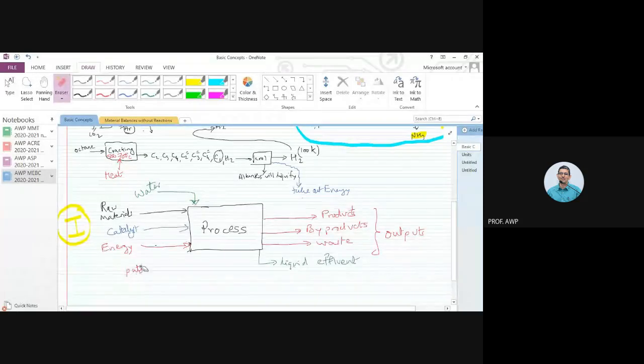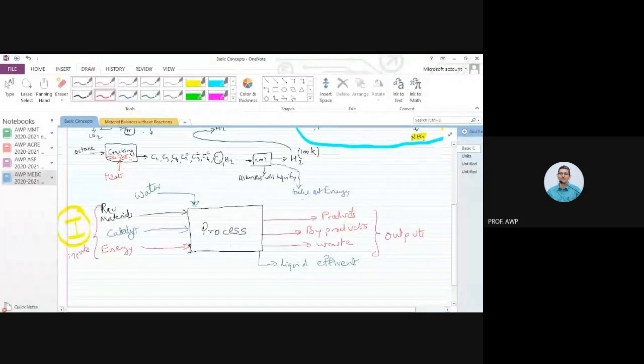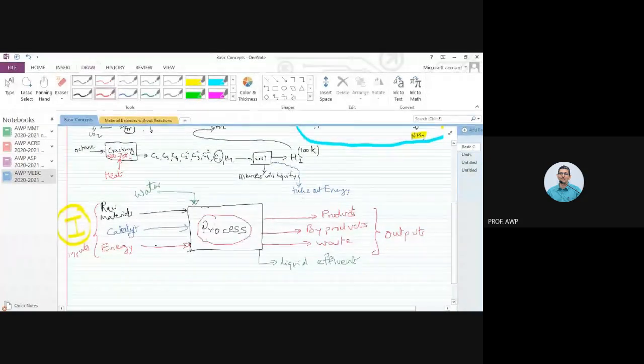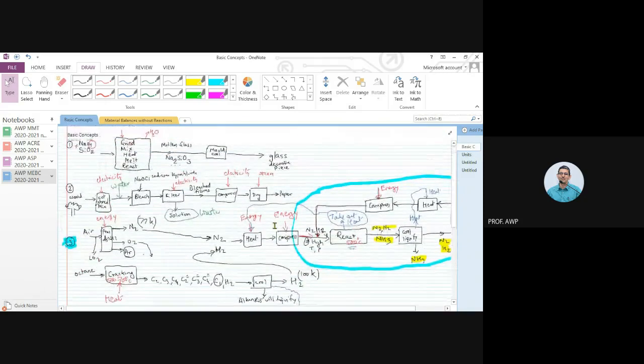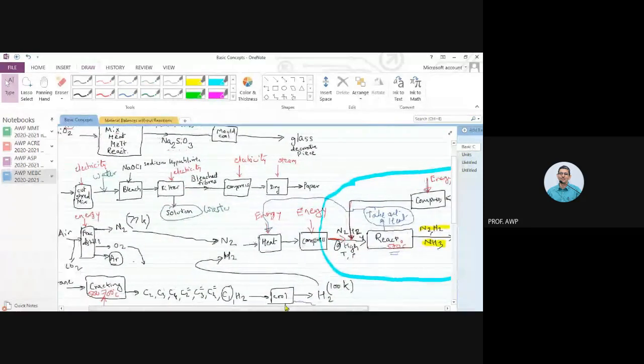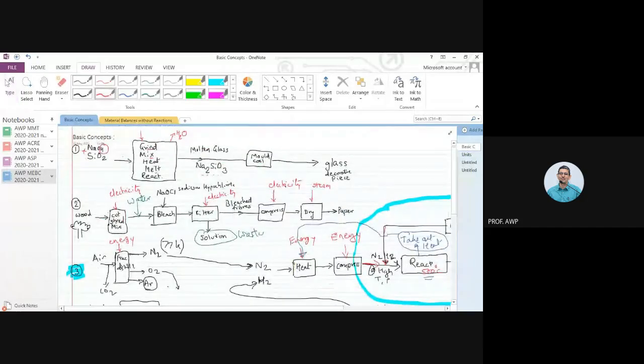So all these are inputs, and what is the process that is going on. So the process could be making glass, making ammonia, fractional distillation, or compression. Each of these rectangles that I have drawn, there are several processes in that.